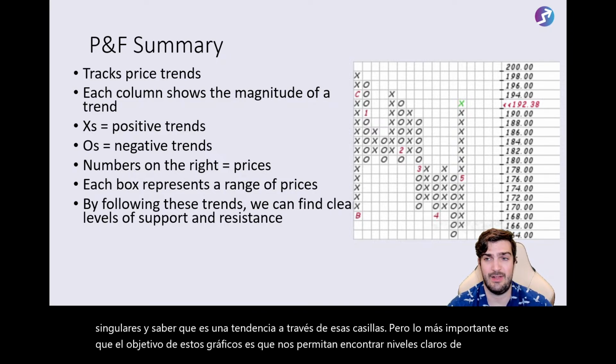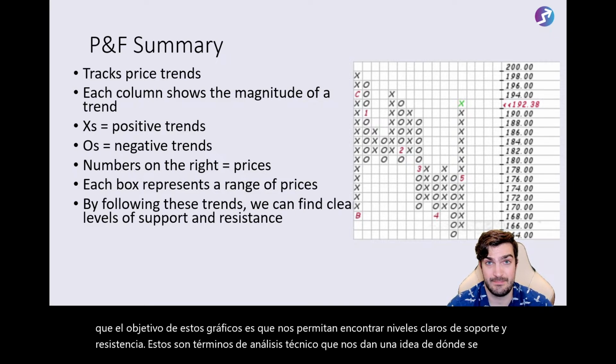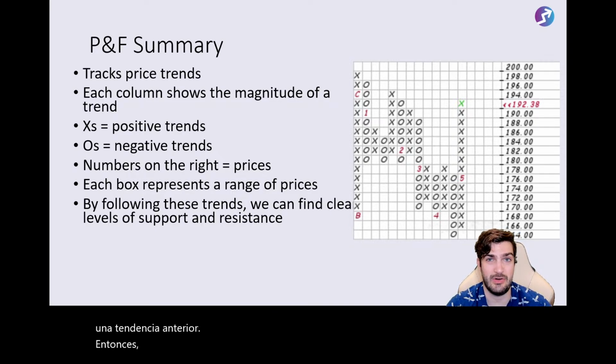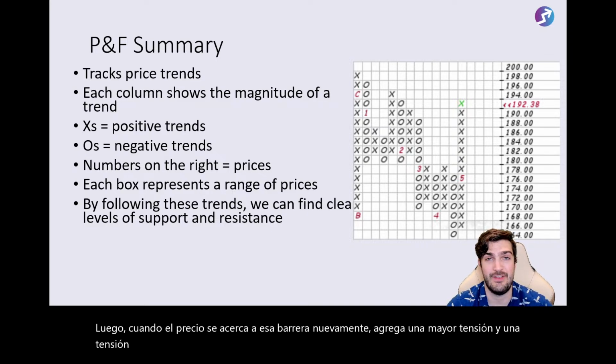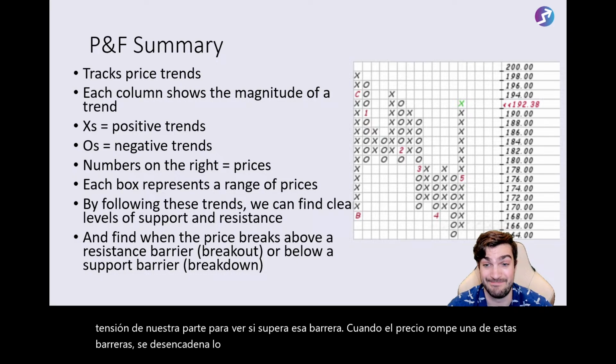These are technical analysis terms that give us an idea of where a previous trend stopped. Then, when the price approaches that barrier again, it adds increased tension and attention on our part to see if it surpasses that barrier. When the price breaks one of these barriers, it triggers what is called a break.